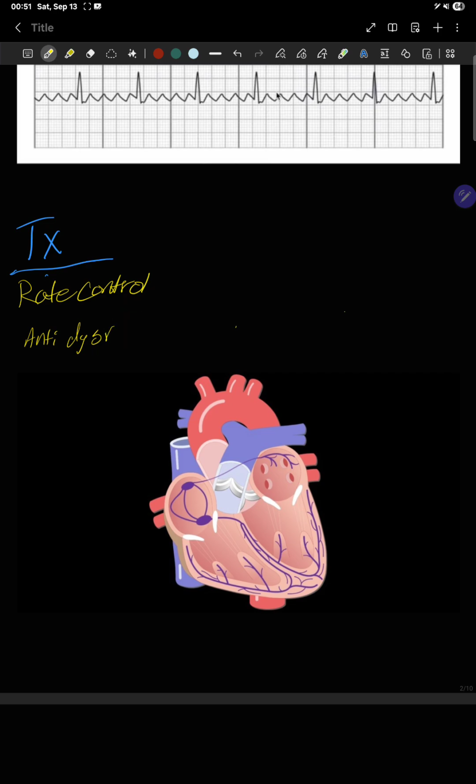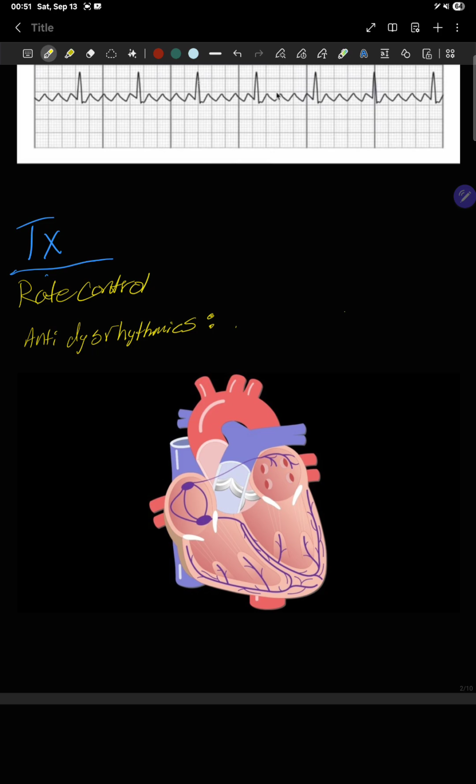Okay, and we can do this one, and this one can help convert them back into normal sinus, or once we convert them, now we can maintain sinus.